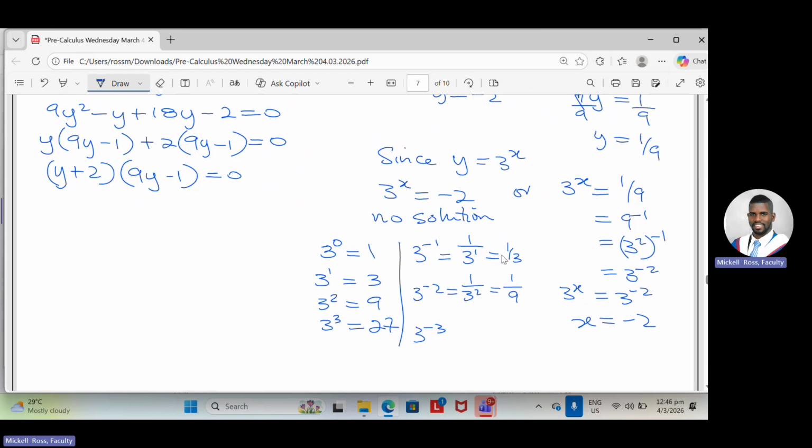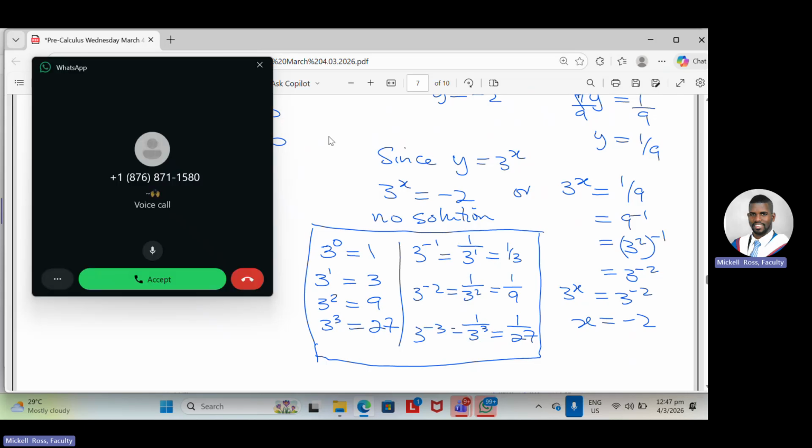So still not getting any negative; instead we're now getting fractions. This is going to be 1 over 3 cubed, which is 1 over 27. So you realize that no matter what the power is, whether it's 0, positive, or negative, we cannot end up with a negative answer.